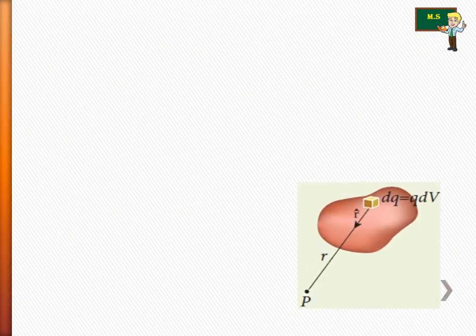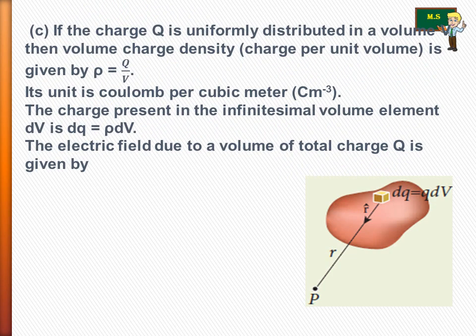Last and third one is about the continuous charge distribution. This is an irregular area in which we are going to find the continuous charge distribution. Now, if the charge Q is uniformly distributed in a volume, because we don't know the exact shape, we are going to find the volume charge density.